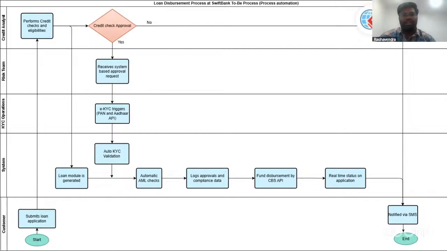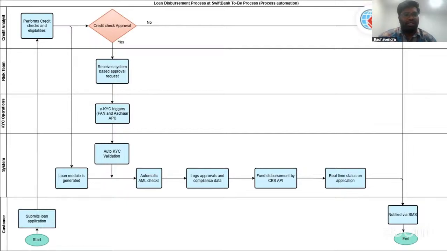And it not just does the process, but also logs the approvals, the timestamps, the data compliance, everything. And after all the process is done, it triggers the CBS API to disburse the funds, and this in return disburses the funds in real time, and the customer gets notified in every step.